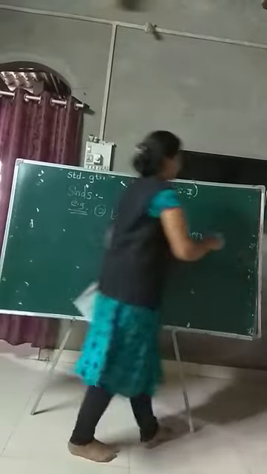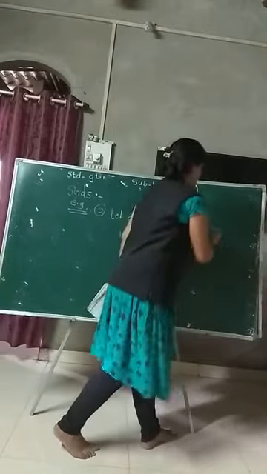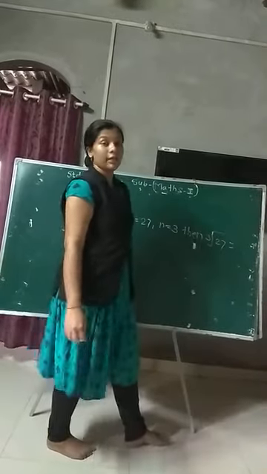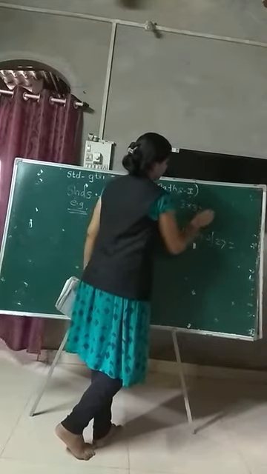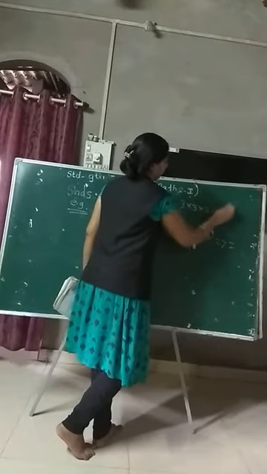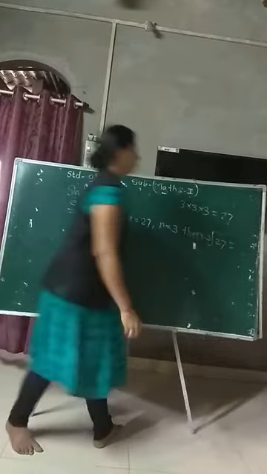We know that cube root of 27 is 3 because 3 into 3 into 3 is equal to 27.